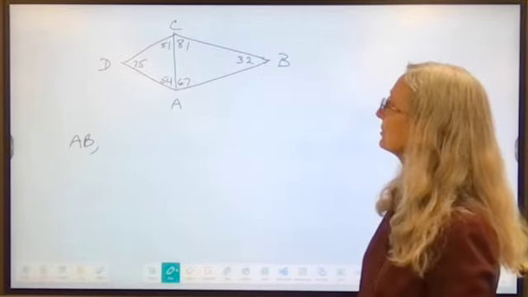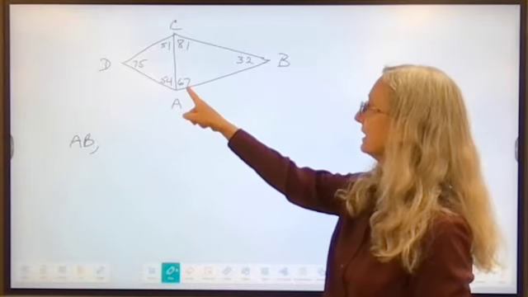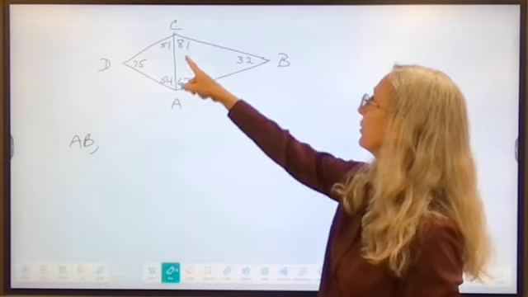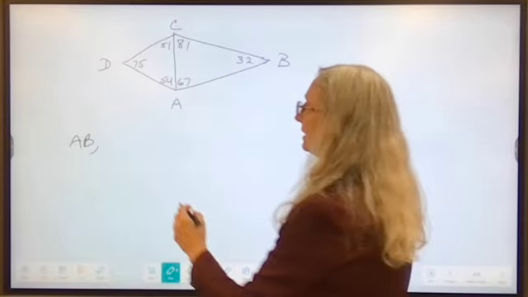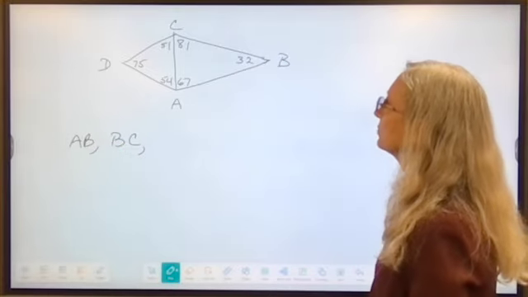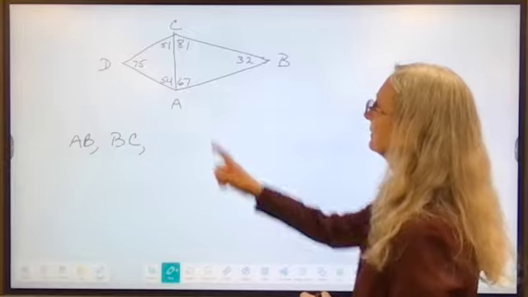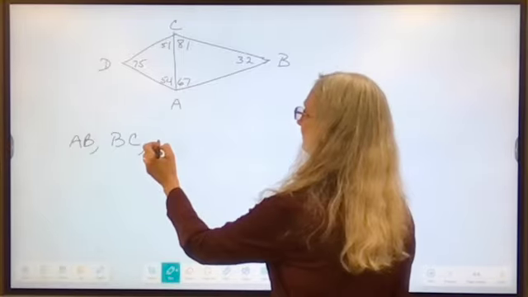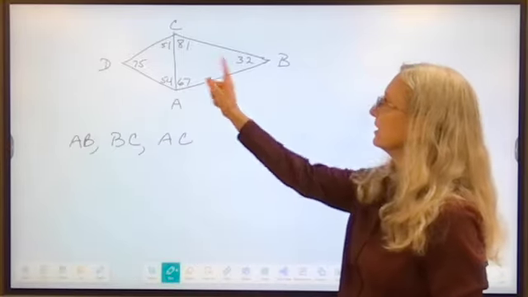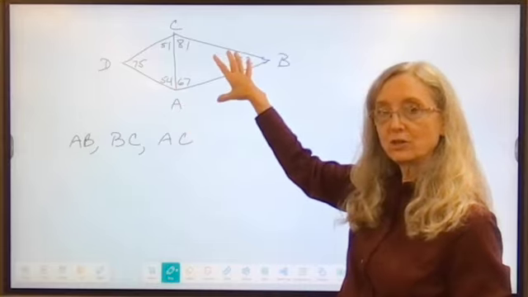The next largest angle in this triangle is 67. So that would be BC. And then the next one would be AC. So AC is the smallest side in this large triangle.